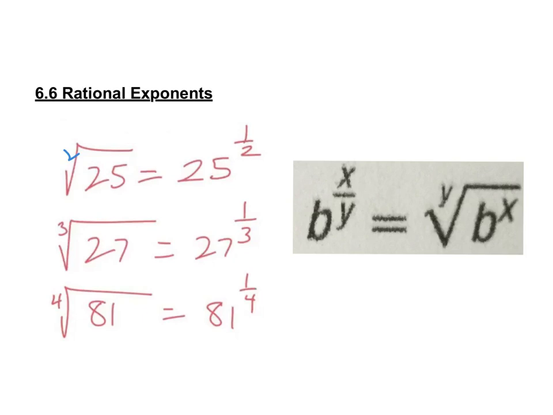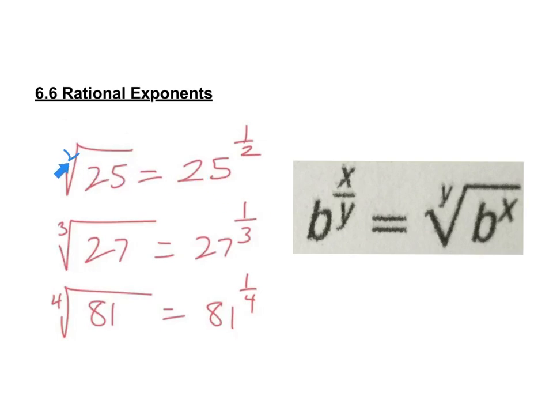Okay? So when I have an exponent, the top number is actually the power of the number inside. Now obviously these are all ones, which means this is 25 to the first, 27 to the first, 81 to the first, which is why you don't see it written in.